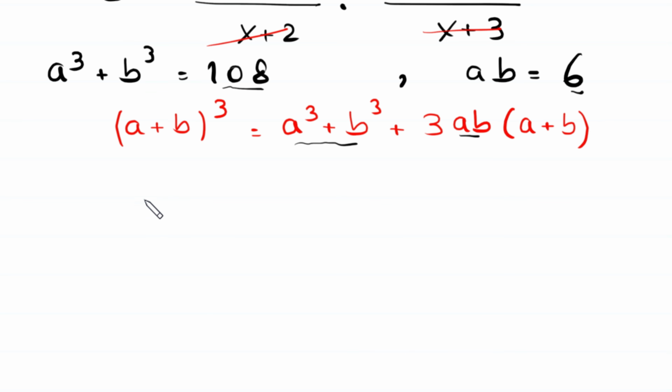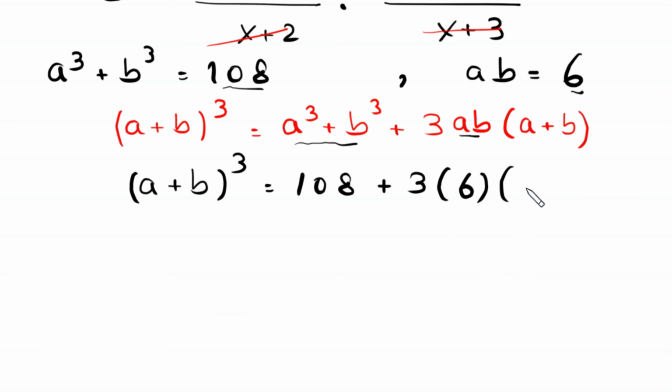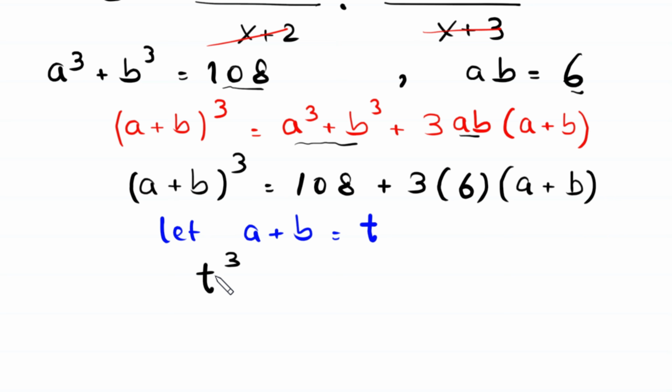So this will become (a+b) whole cubed equal to 108 plus 3 times 6 times (a+b). Now we suppose, let a plus b is equal to t. So this equation will become t cubed equal to 108 plus 18 times t.